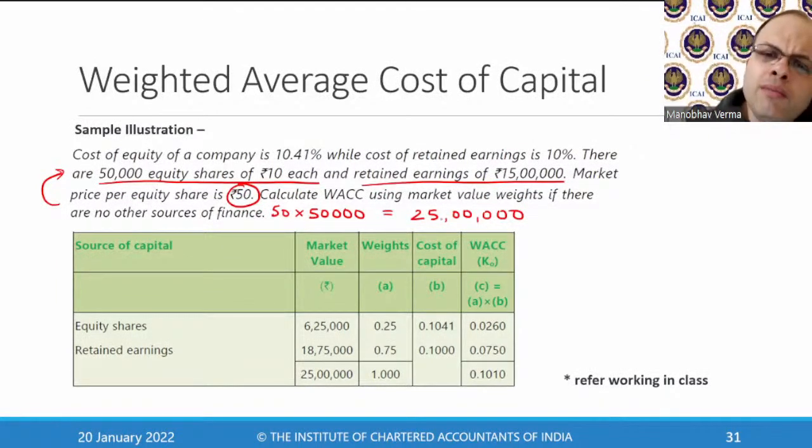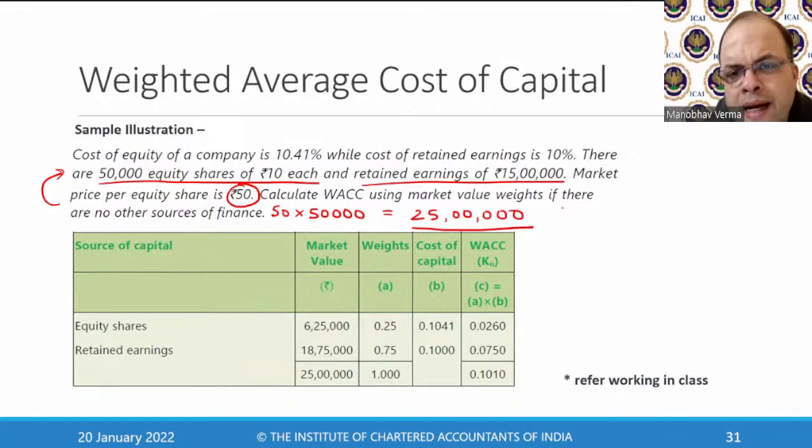I have got the total market value of 25 lakhs. But as I said, to further split it into equity and retained earnings, you need a book value of them. So my equity is 5 lakhs and my retained earnings is given to me as 20 lakhs.